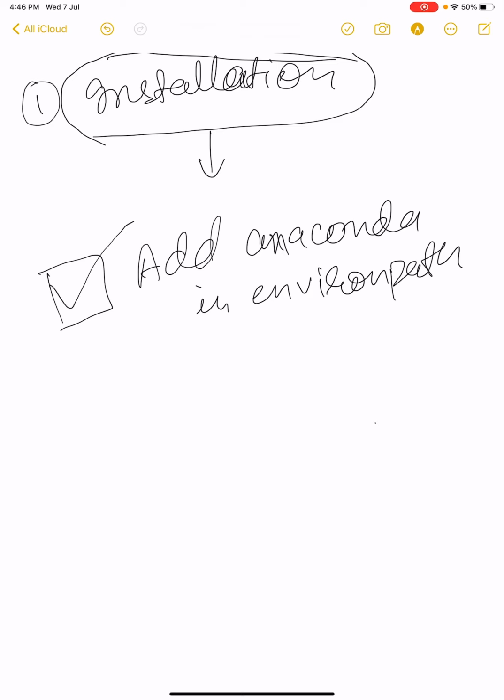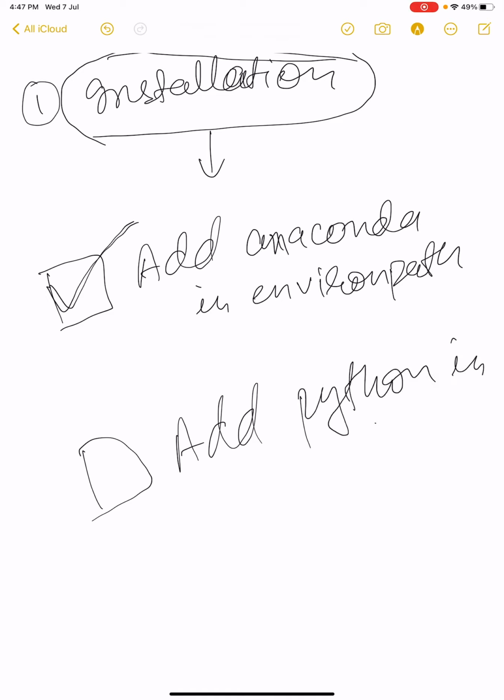You need to check this box before installation, because we need to add Anaconda to our environment path so that we have access from the command line. If you do not do this while installing, we have to do it manually. I will also show that, but you should do it while installing Anaconda. And while installing Python also, it will ask you to add Python to the environment path. Okay, so you have to check that one, and Python will start installing.